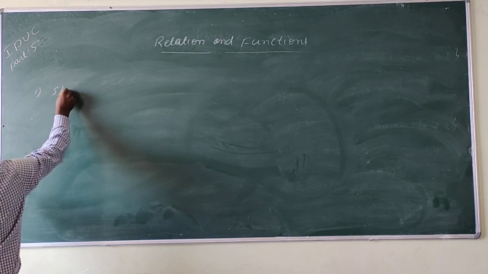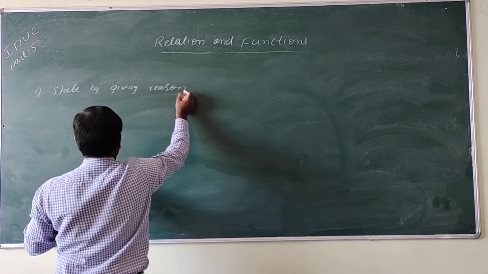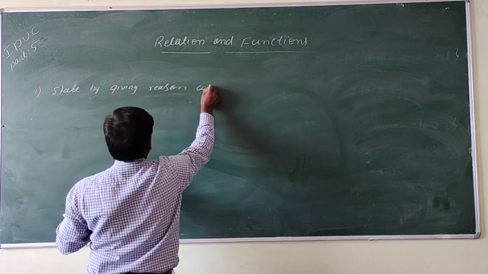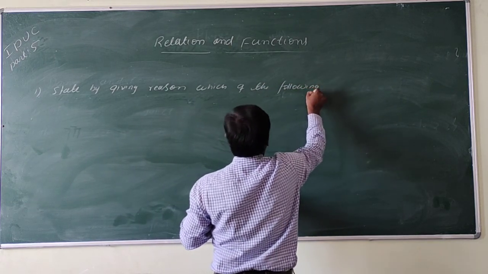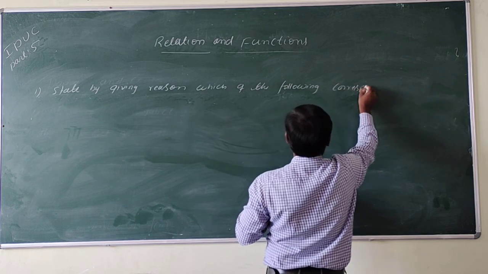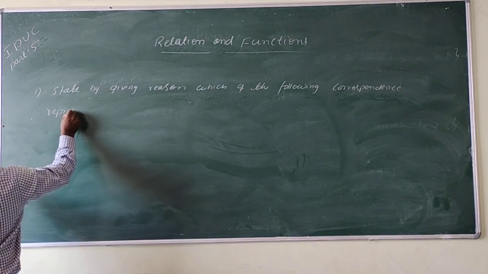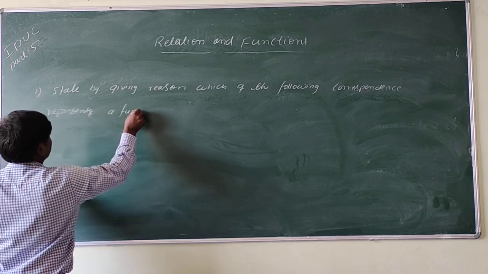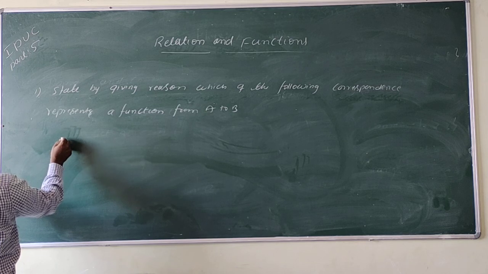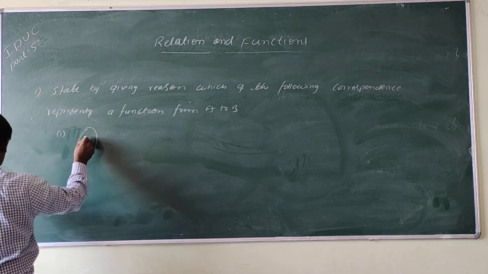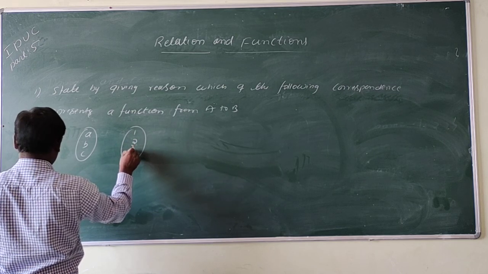Problem. State by giving reason which of the following corresponds to, represents a function from A to B. So first one: A, B, C, and 1, 2, 3, 4, 5.